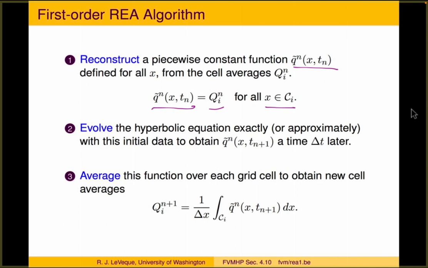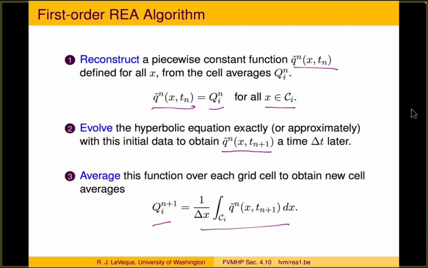That defines a piecewise constant function. And then we can evolve the equation exactly forward in time to obtain the solution at time n plus 1, and then we can average that function over the grid cells at the final time to get our new cell averages. That's the first interpretation I gave you of Godunov's method.